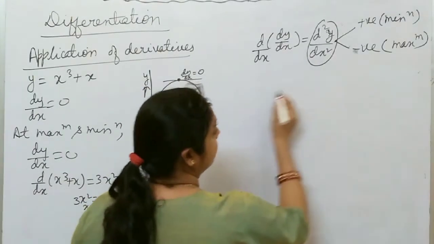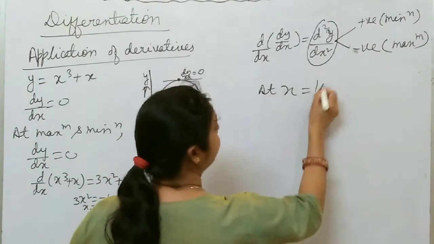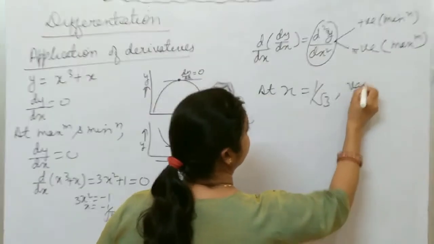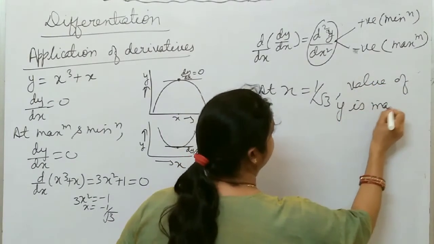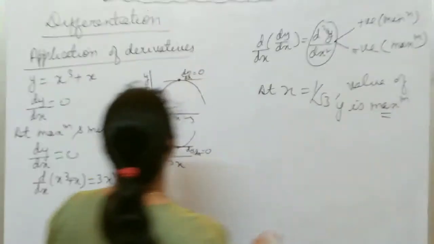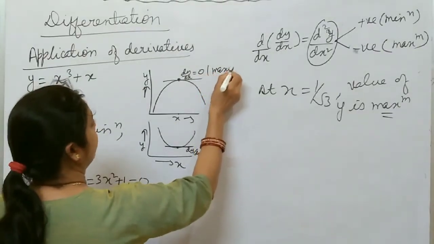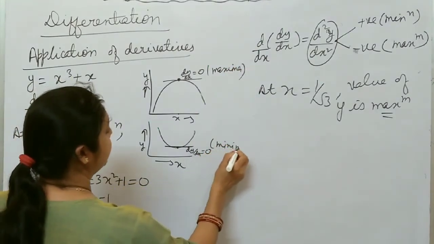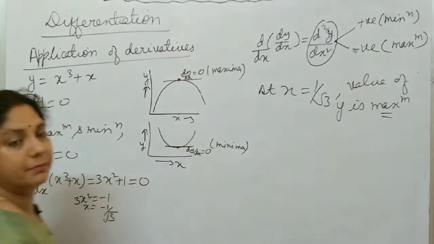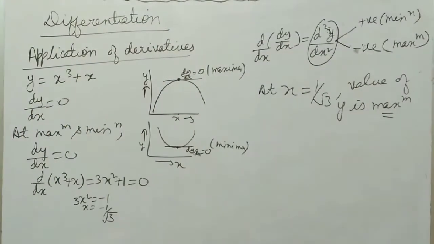Negative value means at x equal to 1 by root 3, the value of y is maximum. If the value is negative, it means it is maximum. This is for maximum and this is for minima. If the value of d2y by dx square is positive, then minimum; negative, then maximum. In this way solve. Please take a screenshot of this one.